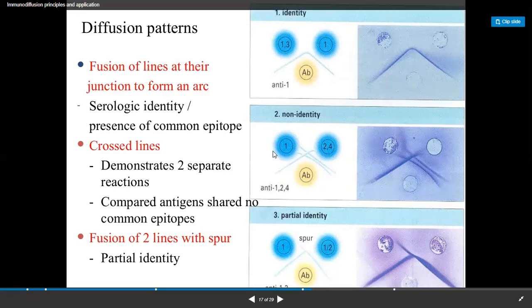And in the third, if one antigen has some partial identity, then we get this line. Okay, so this antigen has some epitopes which are partially identical to this antigen.